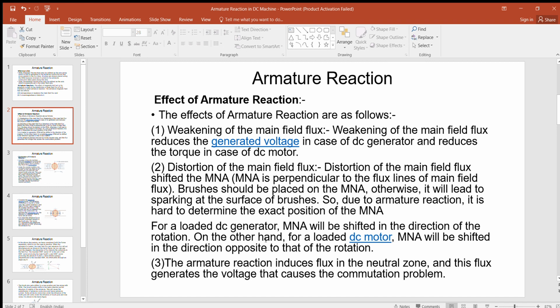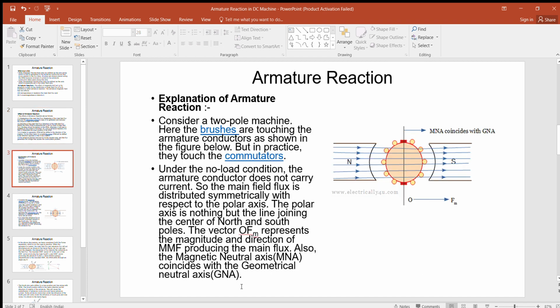On the other hand, for a loaded DC motor, MNA will be shifted in the direction opposite to that of the rotation. Third, the armature reaction induces flux in the neutral zone, and this flux generates the voltage that causes the commutation problem. Next we will discuss the explanation of the armature reaction.